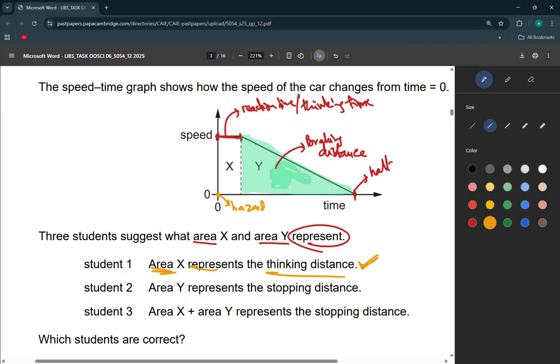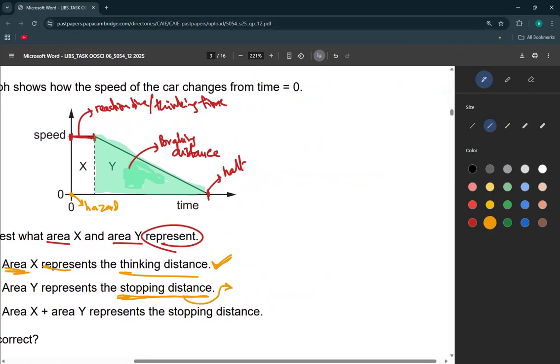Student 2, area Y represents the stopping distance. Look, stopping distance, what is stopping distance? It's basically the, you could say, sum of thinking distance plus braking distance.